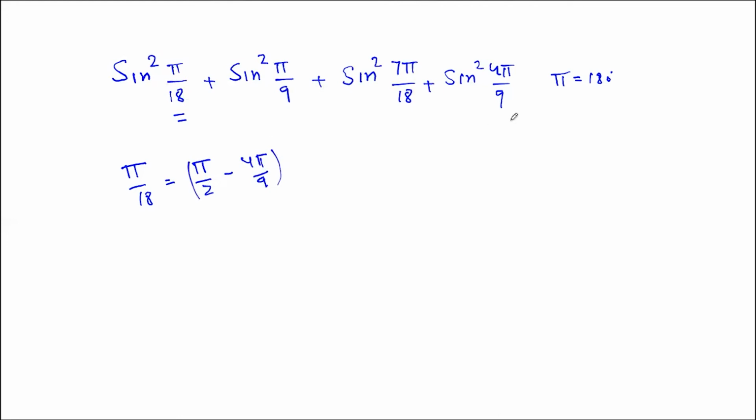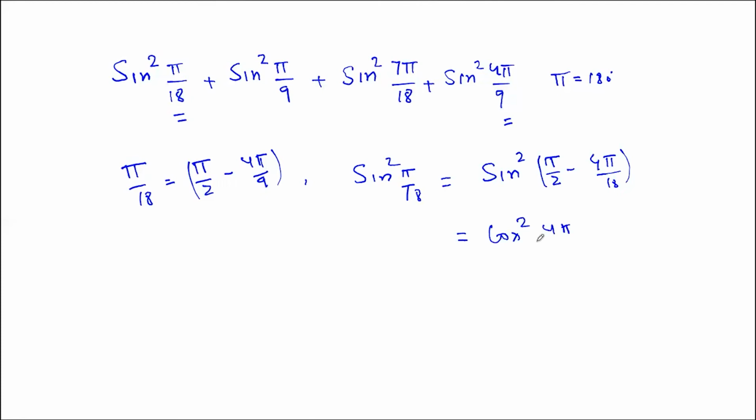So this angle can be converted into this form. If I'm writing pi by 18 as pi by 2 minus this, and I'm applying sine both sides, so sine square of pi by 18 is equal to sine square of pi by 2 minus 4 pi by 9. And sine of pi by 2 minus theta is nothing but cos square 4 pi by 9.